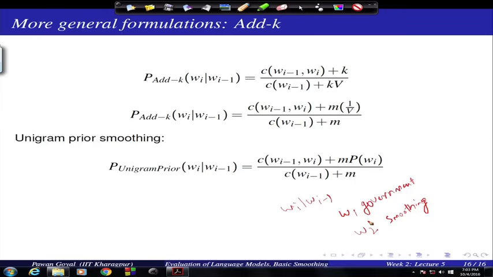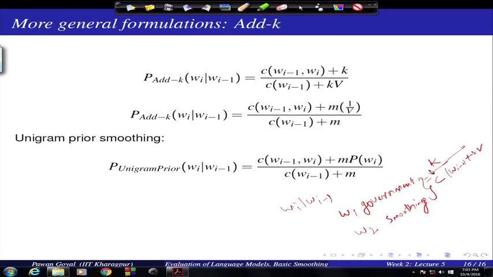What are you doing in add-1 smoothing or add-k smoothing? You are just adding k, or 1, and dividing by the count of the previous word plus kV, and this will be the same for both the words.